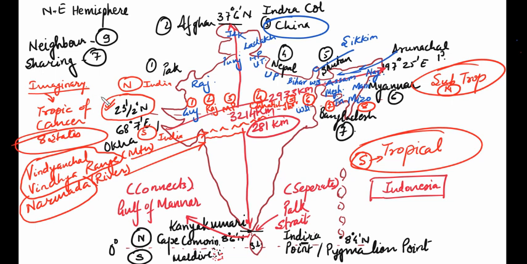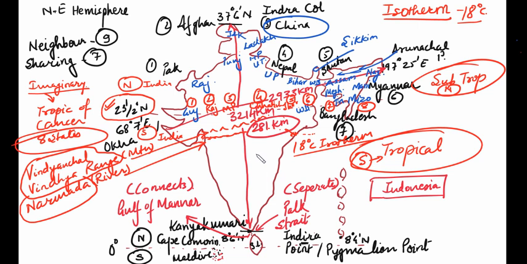Other than these three things, Tropic of Cancer, Vindhyanchal range and Narmada river, there is one more line, which is again an imaginary isotherm of 18 degrees centigrade. Okay, which passes from the mouth of Narmada till the mouth of Mahanadi. It is an imaginary line, the 18 degree isotherm. So this also divides India into two parts, northern India and southern India.